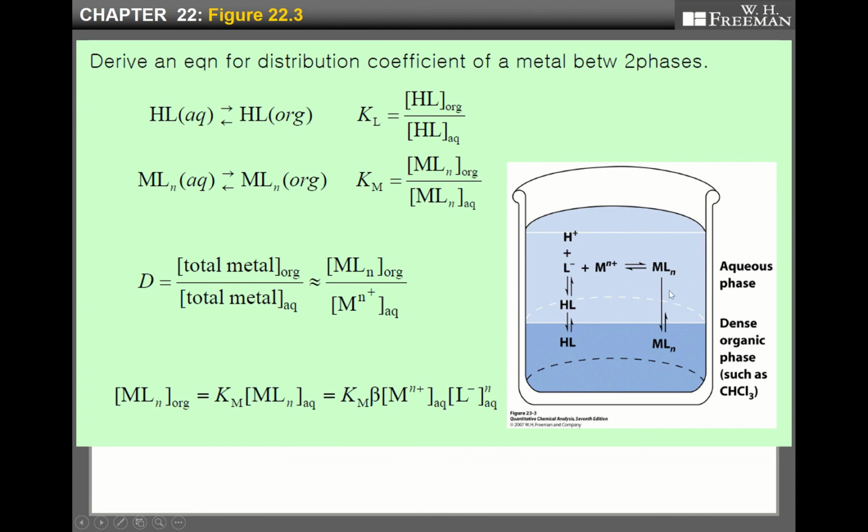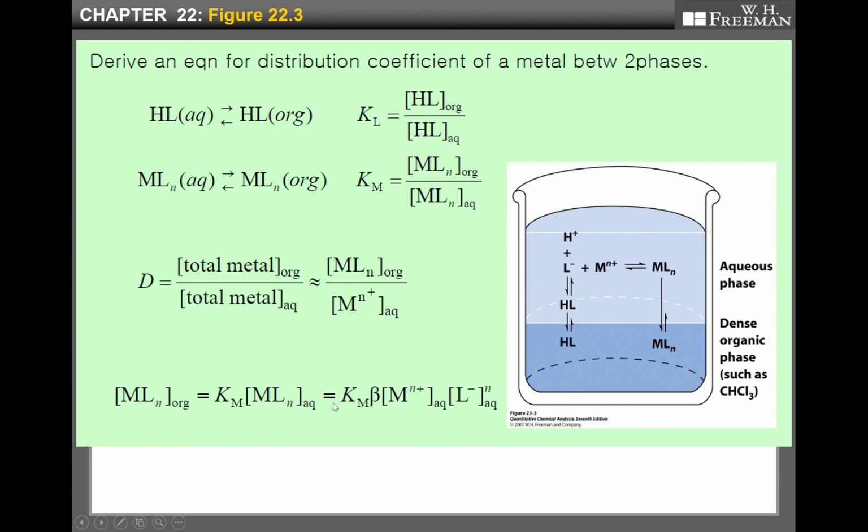So the amount of MLn in the aqueous phase is very little. We simply ignore it, and D can be approximated by this equation. And MLn in the organic phase equals Km multiplied by MLn in the aqueous phase.